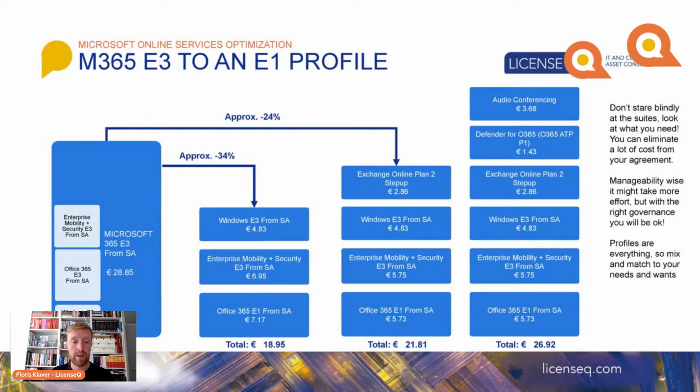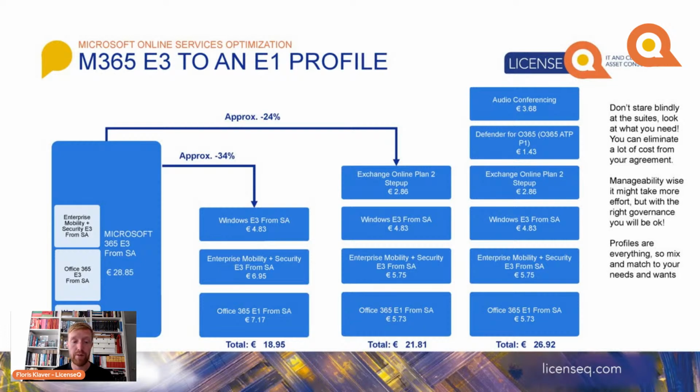And another item that I wanted to highlight is even if you buy E3, it might be that there's solutions where you're better off. Like, for instance, you break down into the components of E3, Windows E3 and Enterprise Mobility and Security E3, and then add a E1 license. And you might not have M365 apps for enterprise, but it might be that a lot of your users within your organization don't need a dedicated Office client, but can work from the browser.